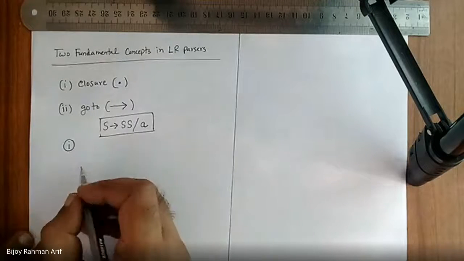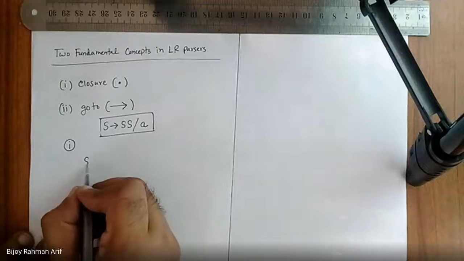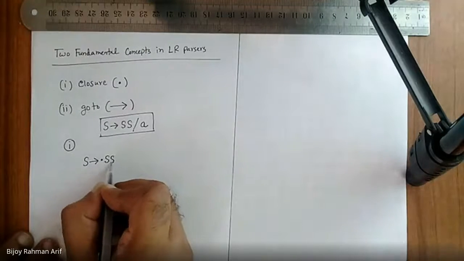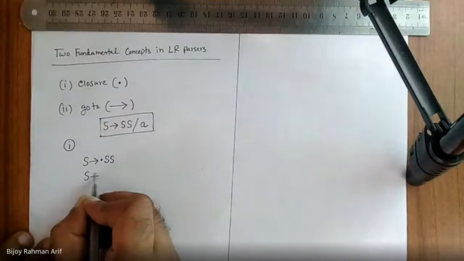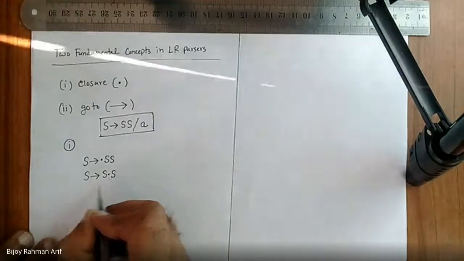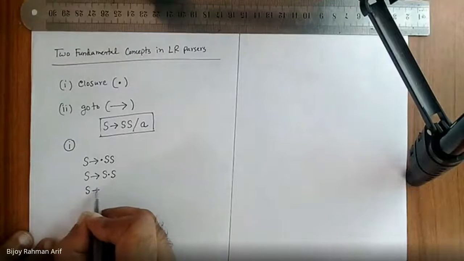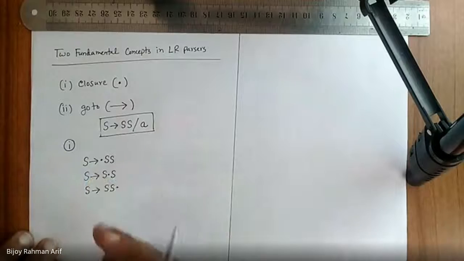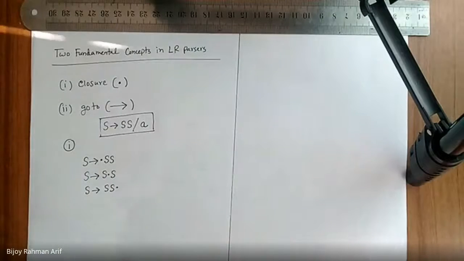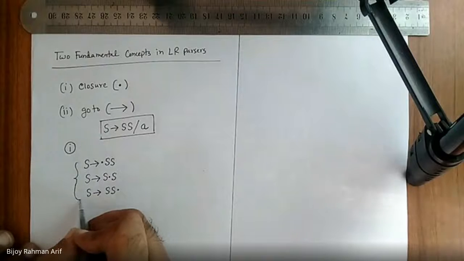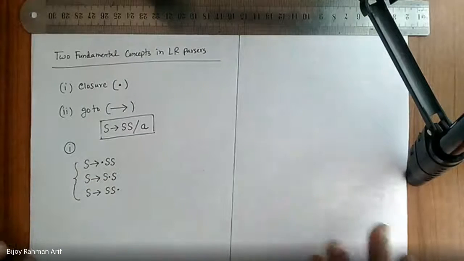Now, when I write S' to dot S, and when I write the other forms with the dot in different positions, can you find any difference between these three?